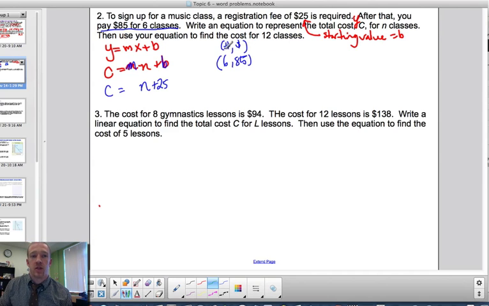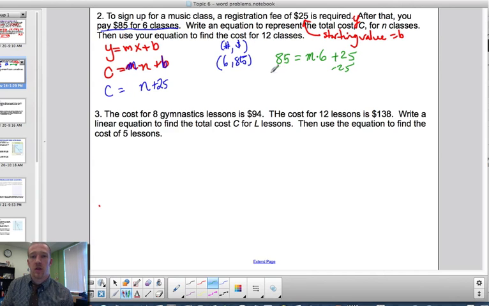So we know that it's y equals mx plus b, or cost equals slope times n plus b. We have all 3 of these numbers except for the slope. So let's plug all the numbers in. The total cost is 85 equals whatever the slope is times the number of classes, which is 6, plus $25. So we've plugged everything in, and we just have to solve for the slope m, and then we'll know what this needs to be.